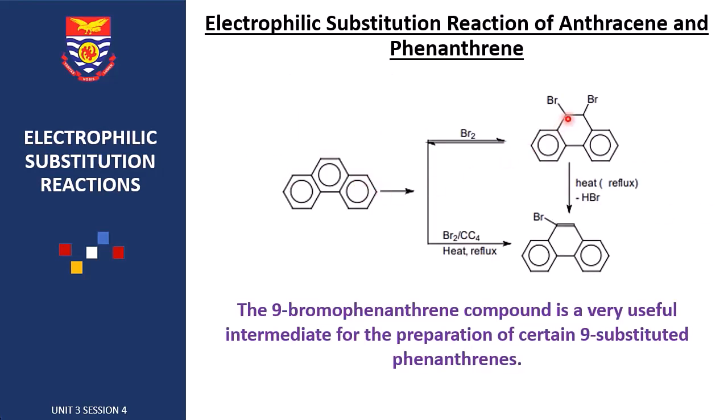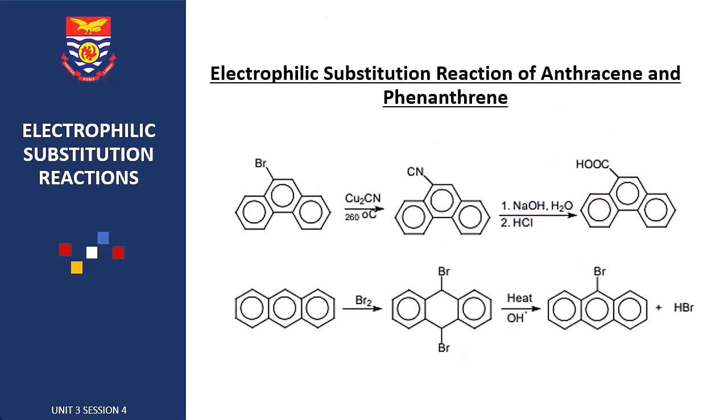Here we have our disubstituted bromophenanthrene compound being heated or refluxed to remove one of the bromine groups, leading to the production of our 9-bromophenanthrene. These are other products that are formed after the synthesis of the intermediate 9-bromophenanthrene.